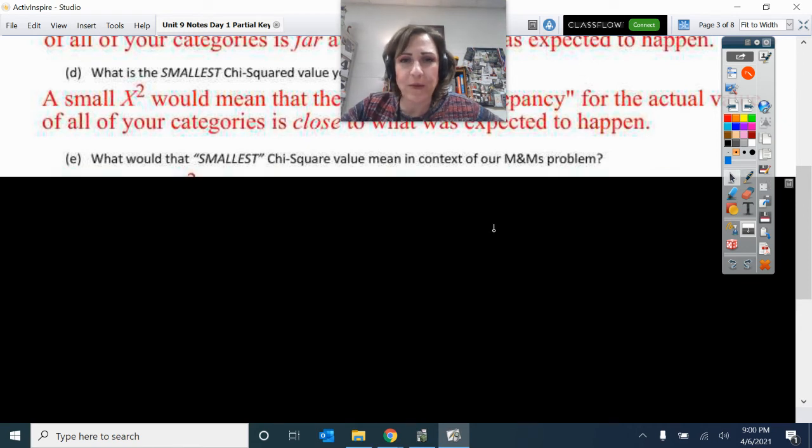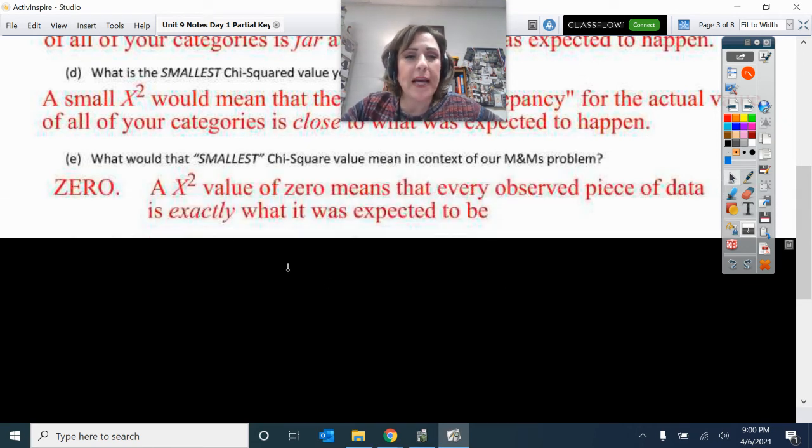So I need to probably rewrite that answer. But 0 is the smallest it could possibly be, in technical terms, because that would mean every observance was exactly what it was supposed to be.